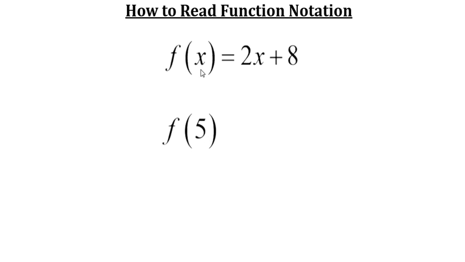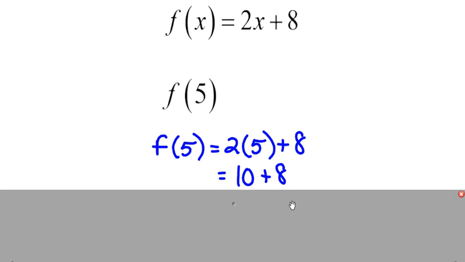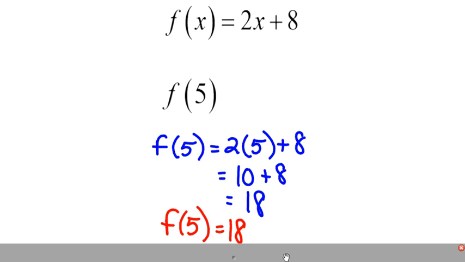So we're going to substitute 5 in for x in the rule, our function, and evaluate it. So f of 5 equals 2 times 5 plus 8. Well, 2 times 5 is 10. 10 plus 8 is 18. So f of 5 equals 18. So when the input is 5, the output is 18.